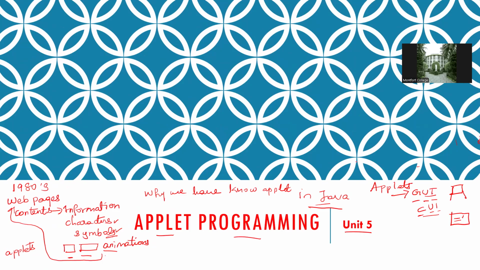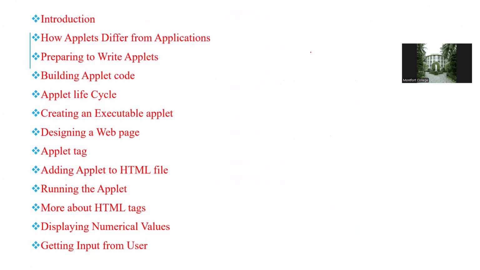So coming to operating systems, the very first operating system using GUI. Sorry, CUI means character user interface, and GUI means graphic user interface.